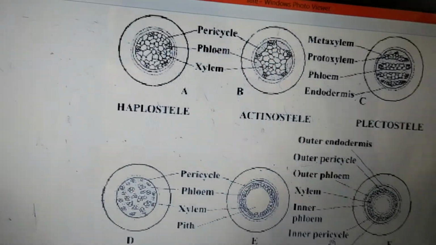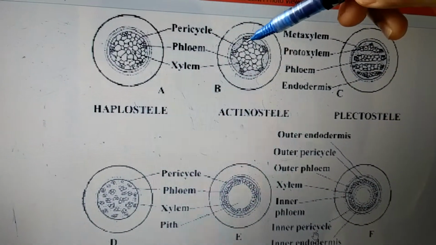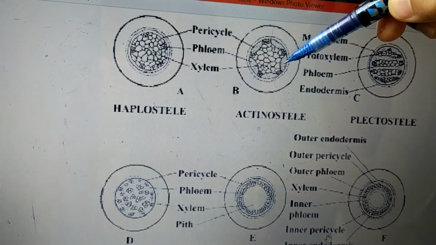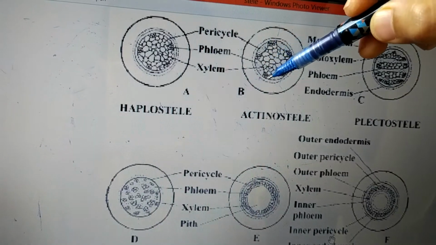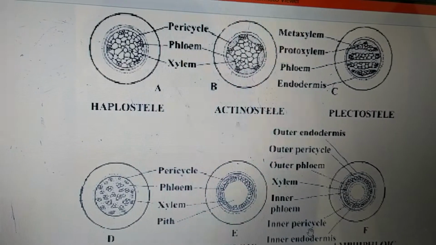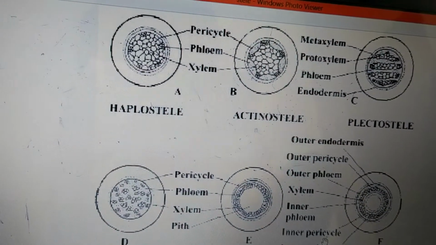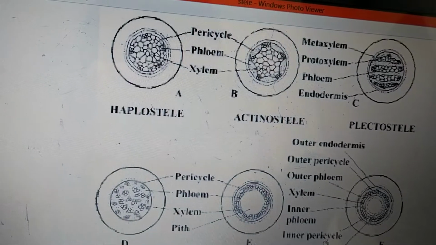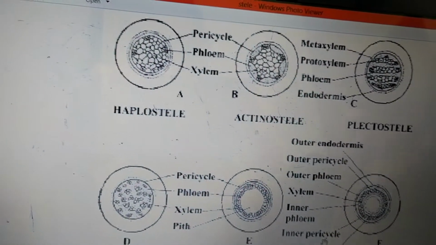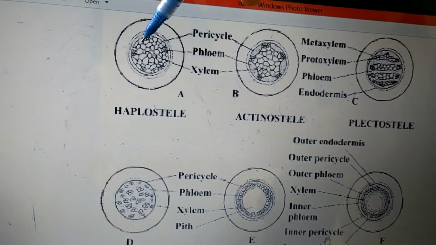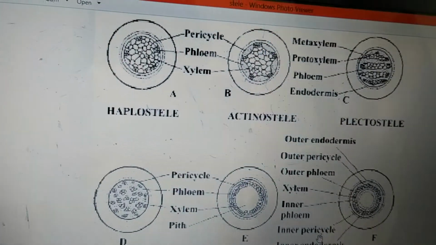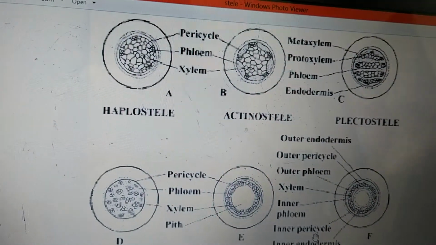So the entire xylem is star shaped with radiating arms. In between these radiating arms there is phloem. Outwardly we have pericycle. Again there is an absence of pith. When the xylem is in the form of a star-shaped structure, such a stele is called actinostele. It is found in Lycopodium serratum. This is the Lycopodium serratum example.